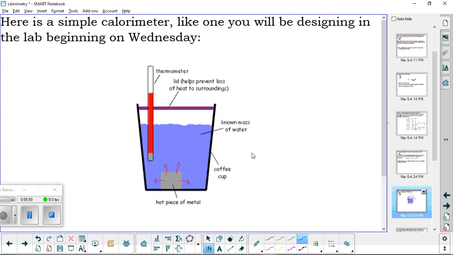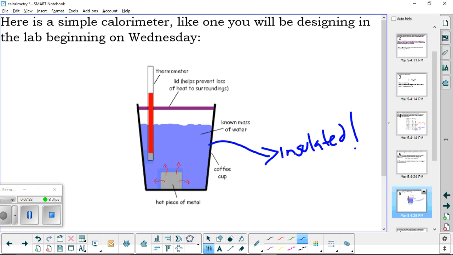So here's a simple coffee cup calorimeter. The secret here is that the outside of the cup has to be as insulated as possible. The more insulated your coffee cup is, the less heat will be released to the surroundings, the more precisely you can measure the heat transfer between the metal and the water.